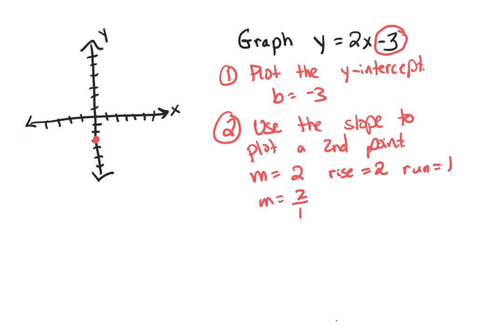We're allowed to do that. So we're going to go from our y-intercept up 2 over 1 and make a dot. Let's go ahead and do another one. Up 2 over 1, make another dot. Connect those dots. Actually, that's what step 3 is: connect the dots.